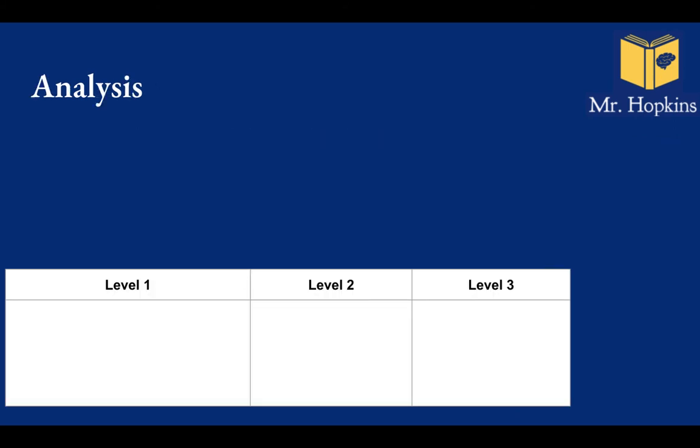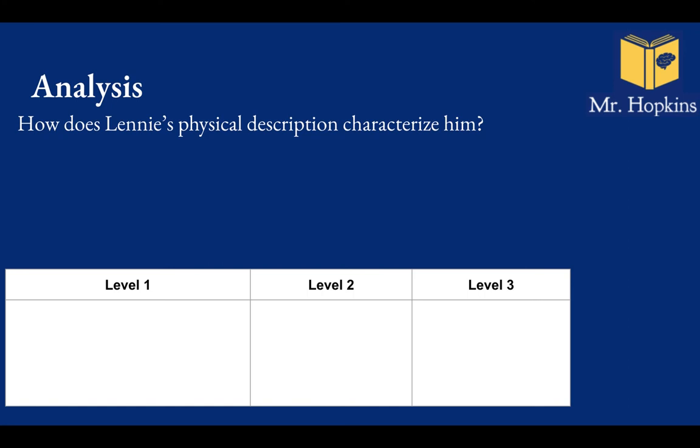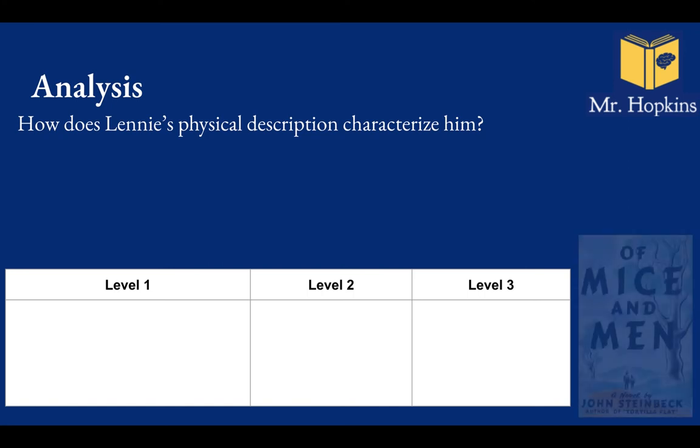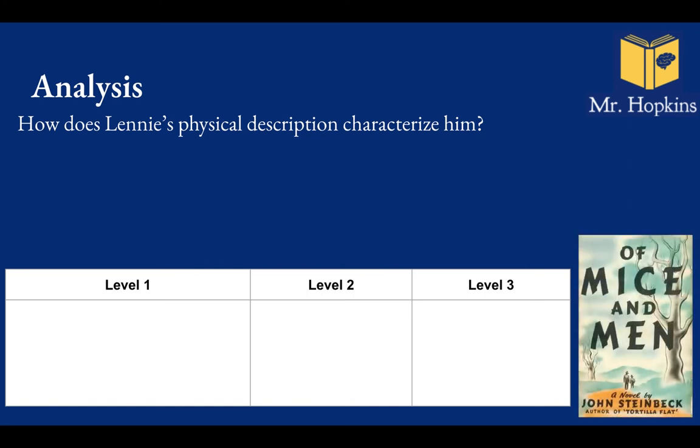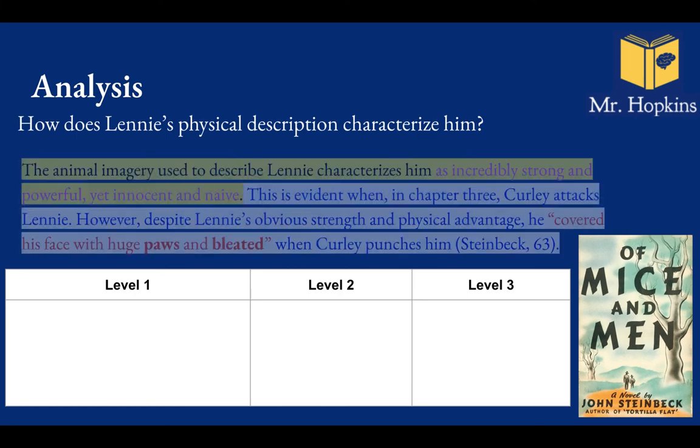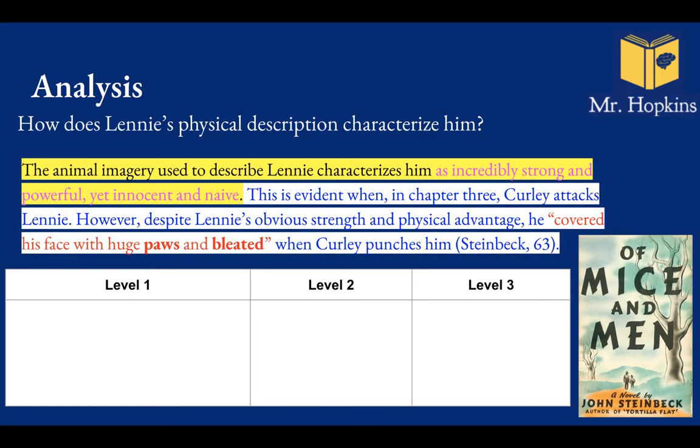How would that look like, though, if you are analysing a text for either an analysis table, a paragraph, or an essay? How does Lenny's physical description characterise him? This is from the story of Of Mice and Men. Well, the animal imagery used to describe Lenny characterises him as incredibly strong and powerful, yet innocent and naive.